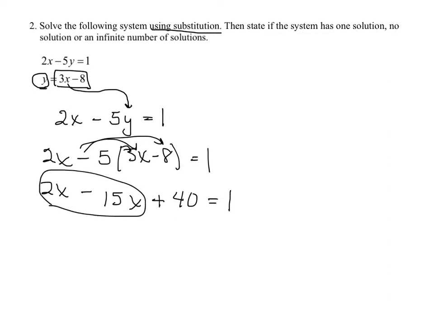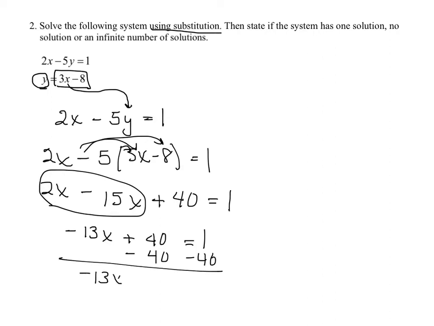Combine like terms on a side. Subtract 40. Great. Divide by -13, so x is equal to 3.